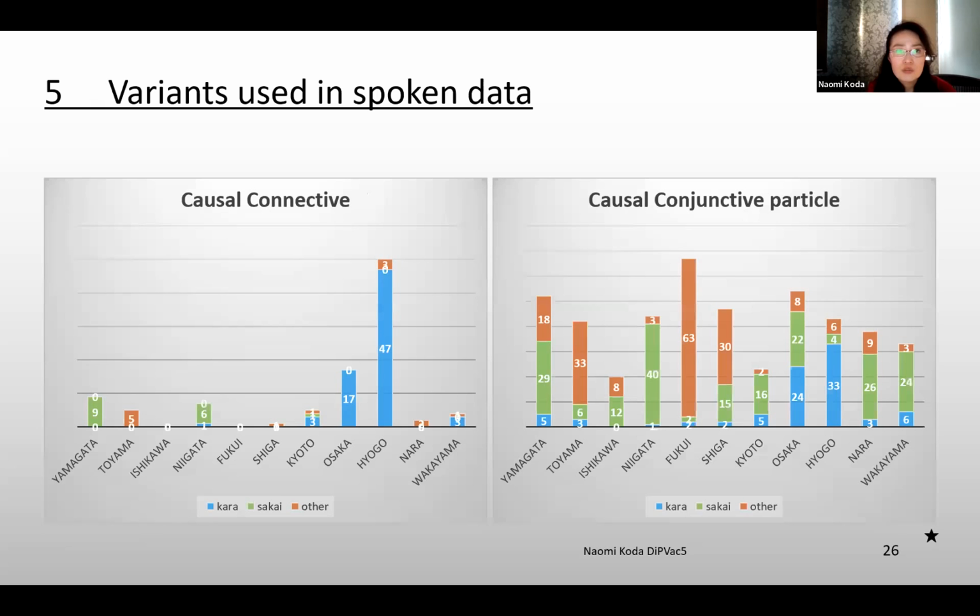Change of the speed. This is a variant used in spoken data. This is data of frequency of conjunctive particle and connective in spoken conversation. Sakai, shown in the green bar, in green Yamagata and Niigata, we can see causal connective sakai.